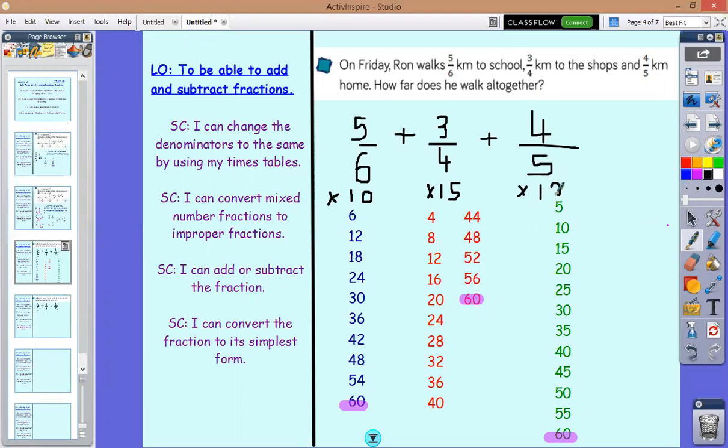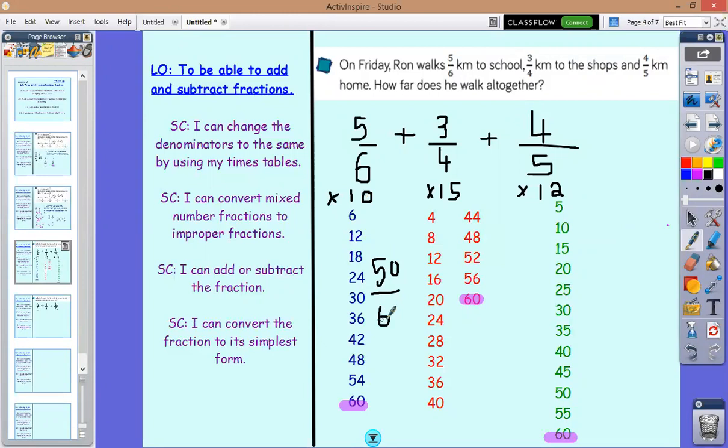So I'm just going to convert these fractions now on the next page. So remember, I've got to times by 10 here, 15 here, 12 here. So let's go through that. So 5 times 10, so that's going to be 50 over 60.